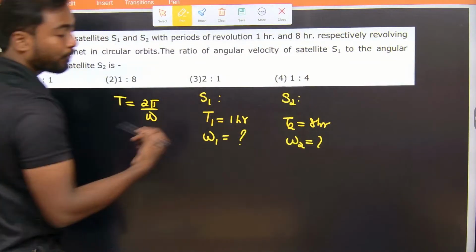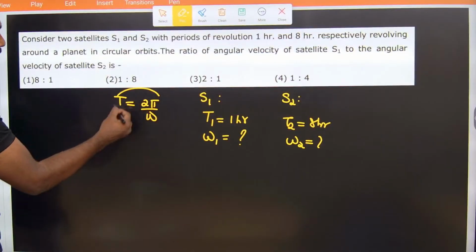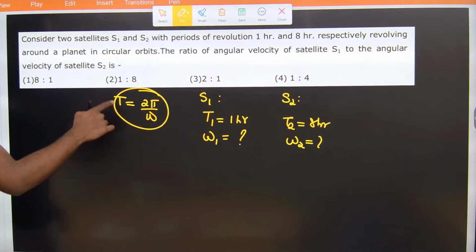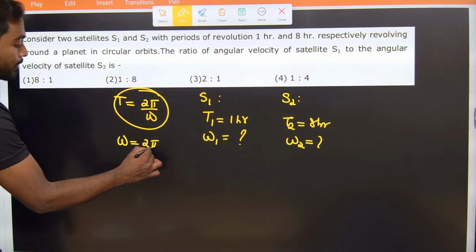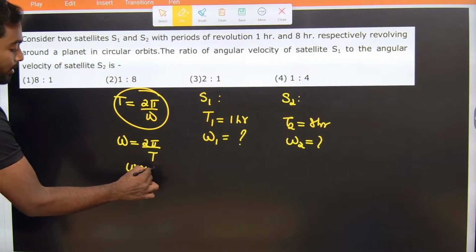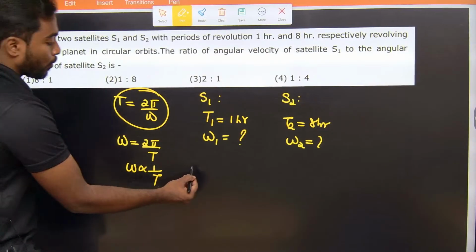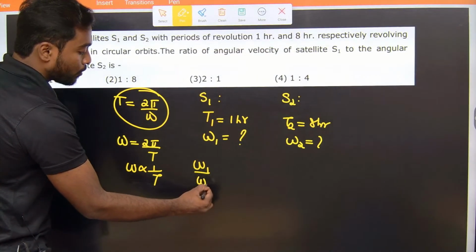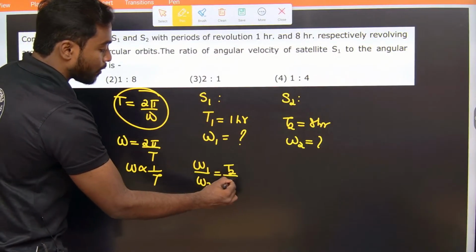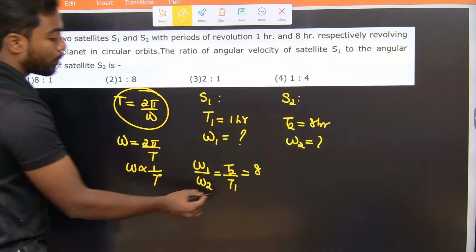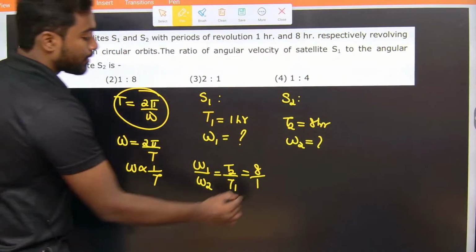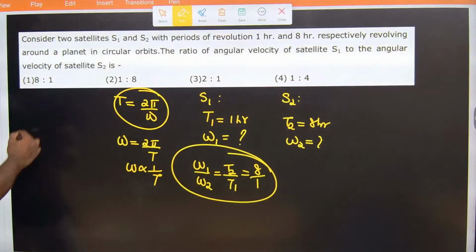From this equation I can take a relation between T and omega, where omega will be equals to 2 pi by T. So omega is inversely proportional to T. So omega 1 by omega 2 should be equals to T2 by T1. So what is T2 now? 8 hours and T1 is 1 hour. That's it. So this is the ratio. So what is the answer? Option A is the answer. 8:1.